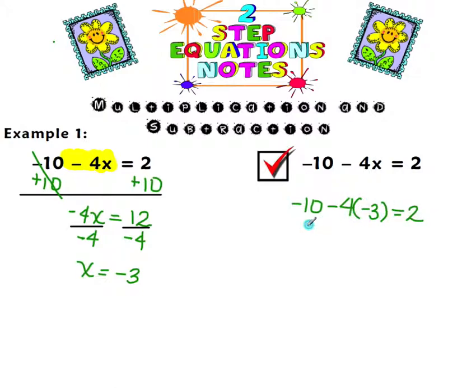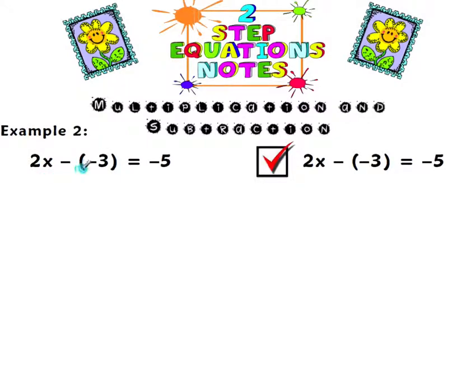Order of operations states to multiply first, so I'm going to bring down my -10, and we have a -4 times a -3, which would give us a +12. And -10 plus 12 is 2. So 2 equals 2. That checks, so our value for x is correct.